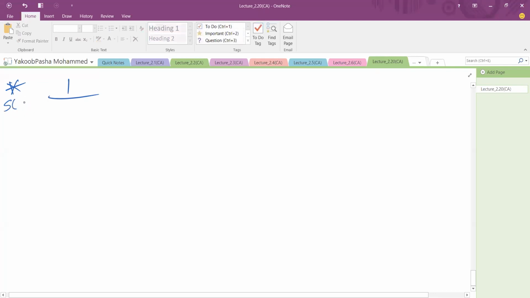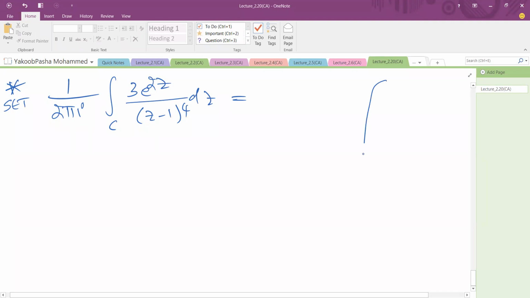It's a problem: 1 by 2 pi I integral over c of 3 e to the power of 2z divided by z minus 1 whole to the power of 4 into dz is equal to. We have options here.